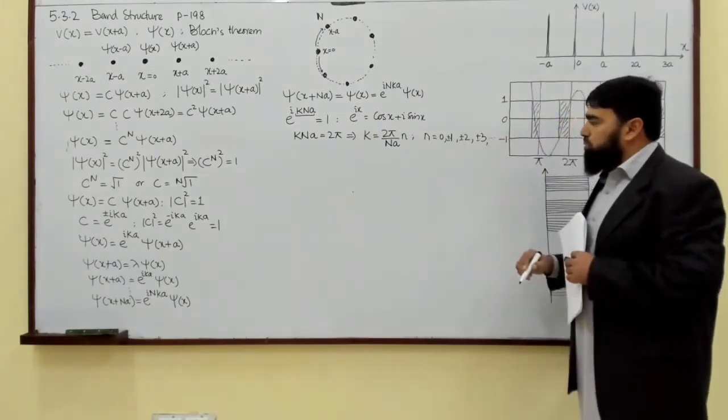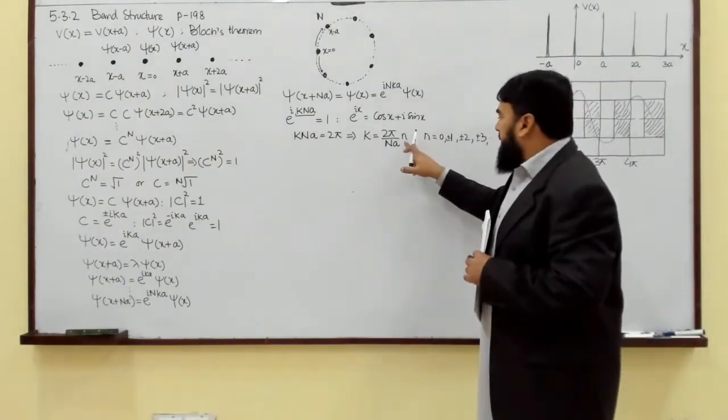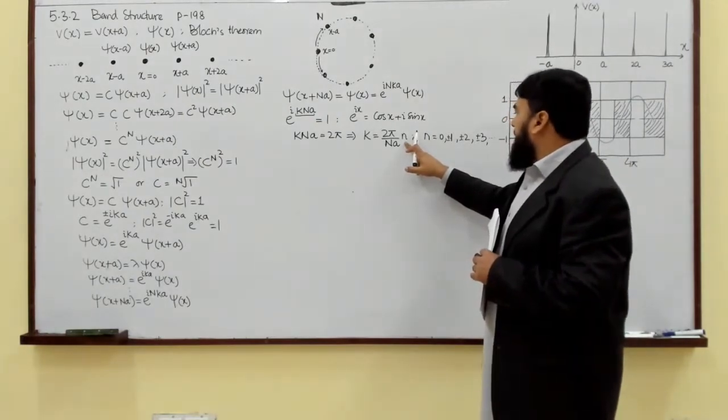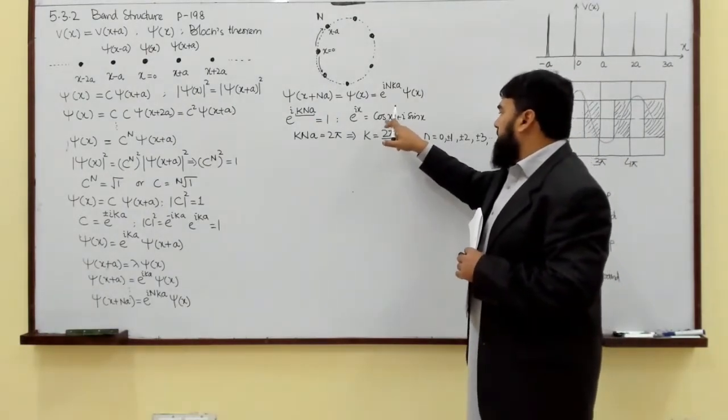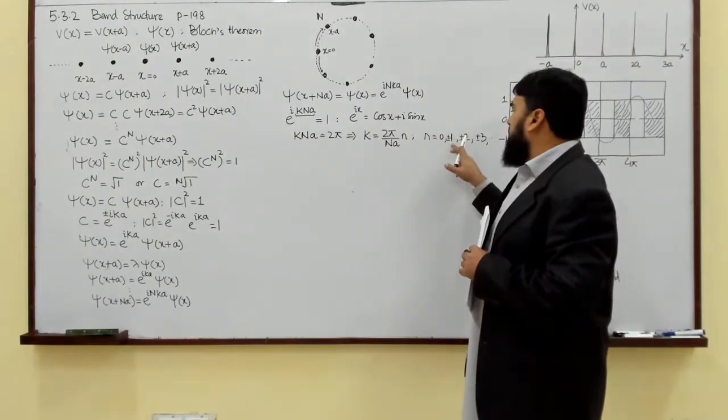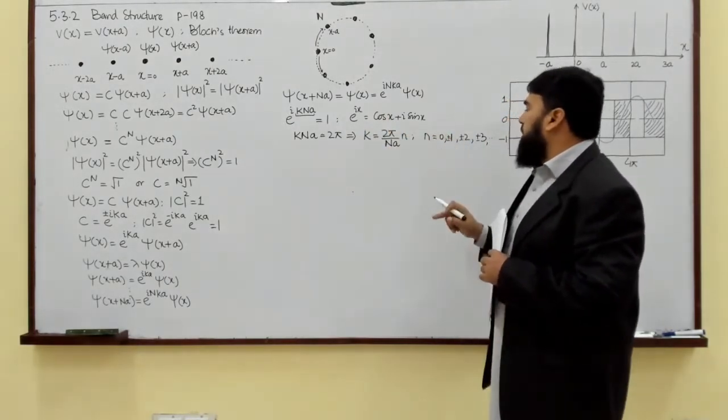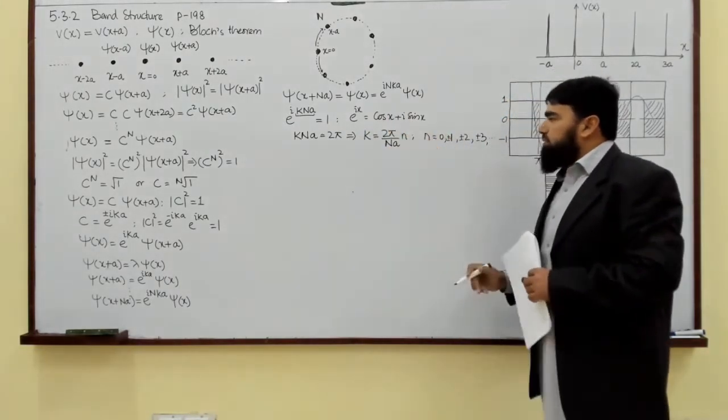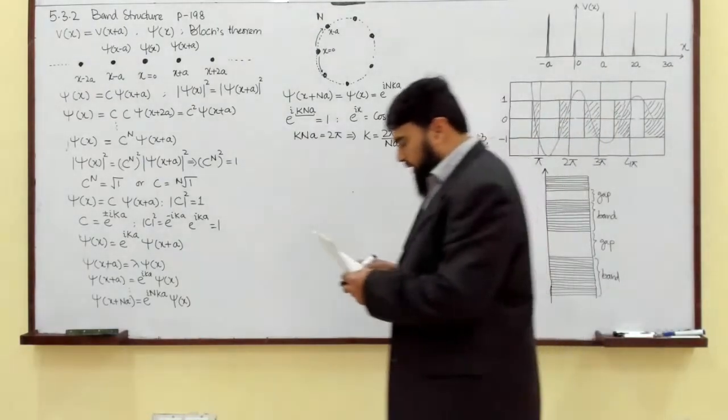When n is equal to 0, we will have this thing again 1. For n equal to plus 1 or minus 1, again we will have this thing equal to 1.